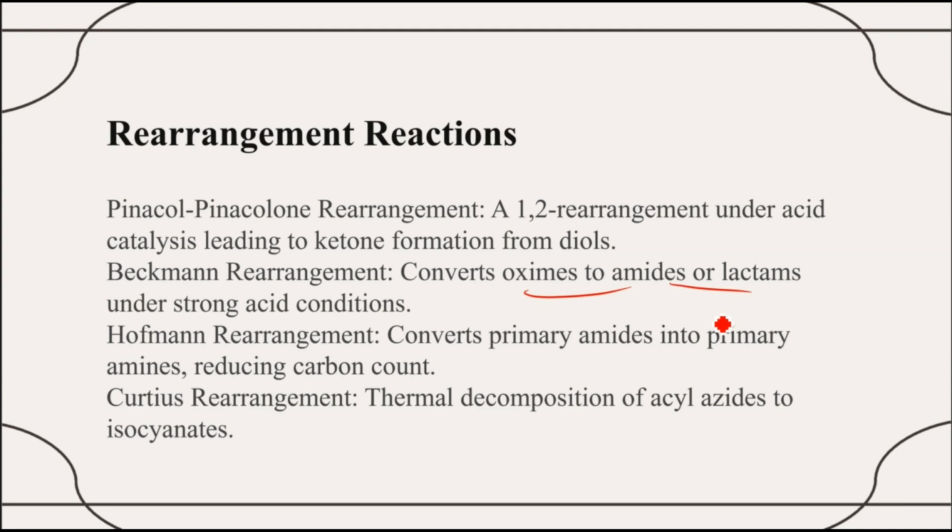Then Hofmann rearrangement. This is a 1,2 rearrangement reaction which converts primary amides to primary amines with reducing the carbon count. The CO part will get deleted. The mechanism for Hofmann is super important.